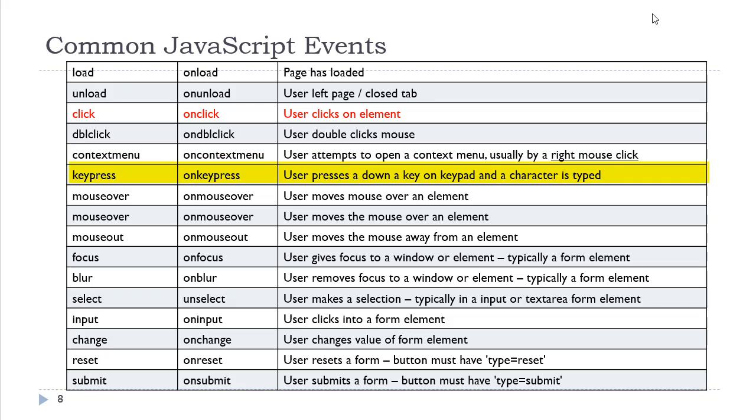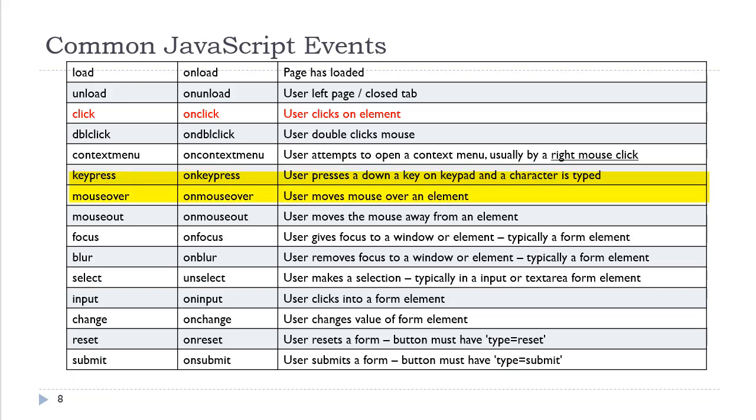We have a key press event, which means the user typed a character. We also have some more specific variations of key press that are in the book. We have the mouse over and the mouse out events, the user moving over and away from an element. There are also some additional mouse events. Mouse events are not that common anymore. They were in the earlier days of JavaScript.